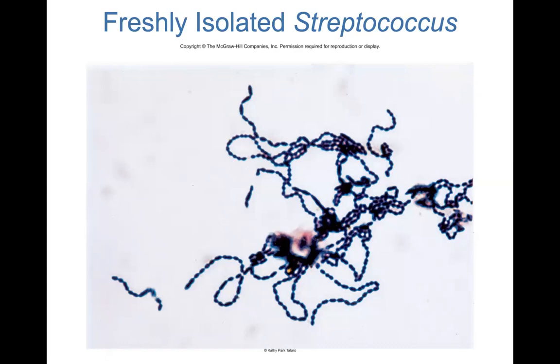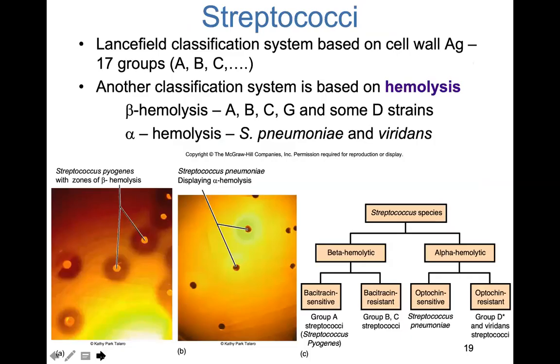I've had other students swab the nursing station, the keyboard, places in hospitals or healthcare, and have seen beautiful strep. And the cool thing is, if the strep is young, it stains really beautifully. So that's what it would look like.